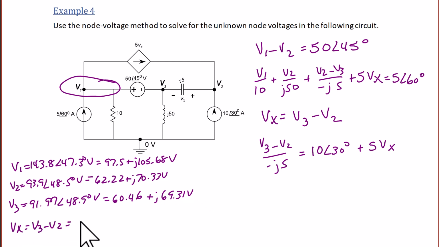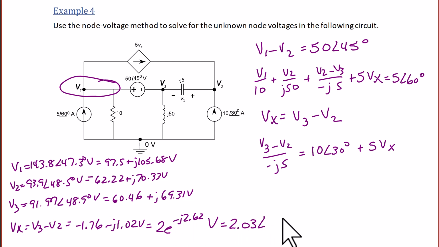And Vx is equal to V3 minus V2, which equals negative 1.76 minus j1.02 volts, which equals 2 e to the negative j2.62 in radians, or in polar form, 2.03 with an angle of negative 150 degrees.